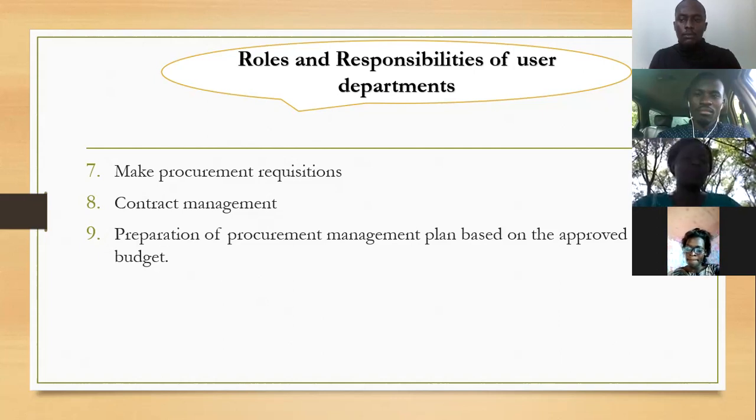In the next point, I would want also to discuss contract management. Contract management usually is a role of the user department, and this is almost after an award of bid has been concluded. There is need to ensure that it is aligned within the agreed terms of reference that have been signed off between the user committee and the contract provider.